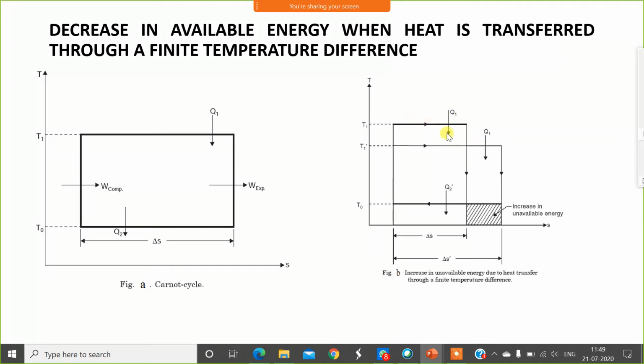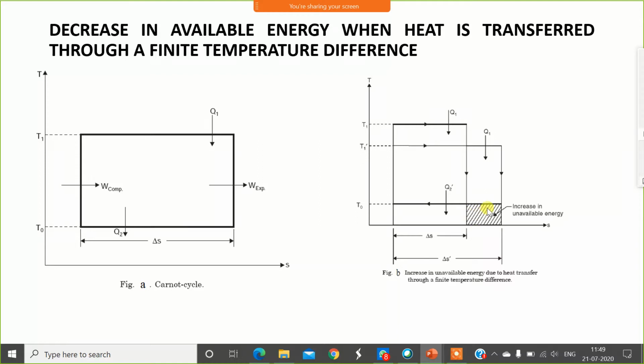Therefore, for this Q1 is equal to T1 into delta S. For this Q1, T1 dash into delta S dash. Since this Q1 and this Q1 are the same, therefore T1 into delta S is equal to T1 dash into delta S dash.